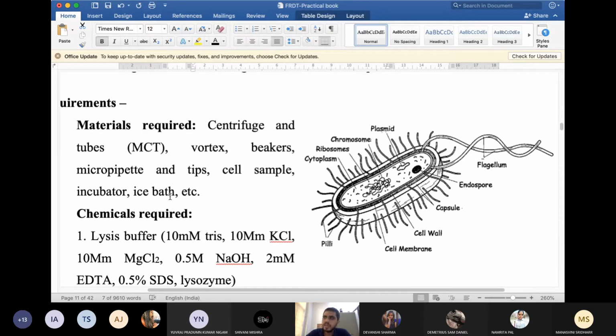If you are referring to a fungal cell, it is going to be made up of pectin and chitin. If you are referring to a plant cell, then it is going to be made up of cellulose. Only these three types of organisms are going to have a cell wall. So their wall makeup is going to be either peptidoglycan, chitin, pectin, or cellulose.